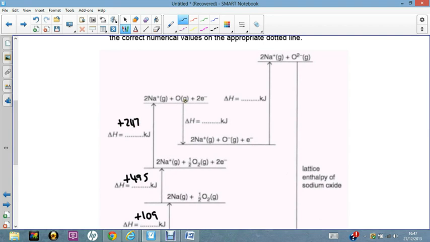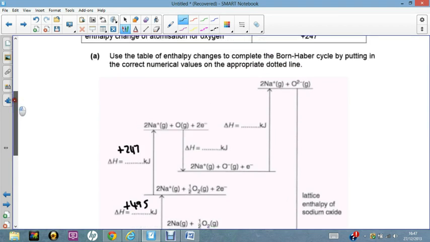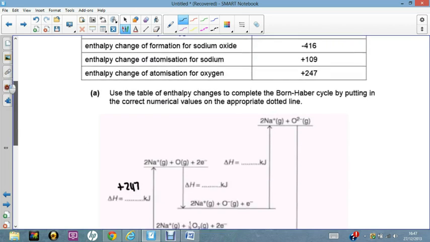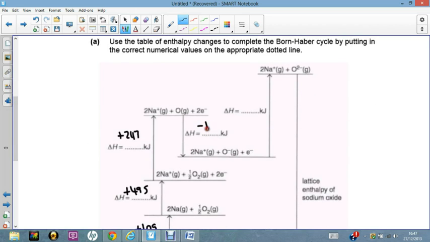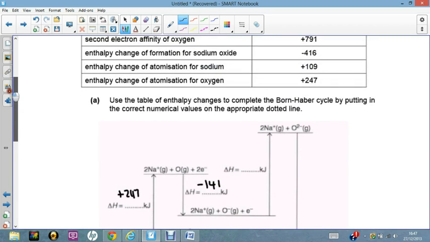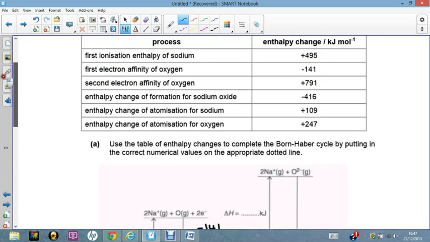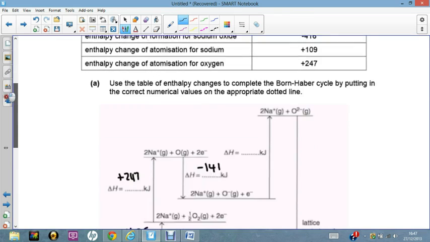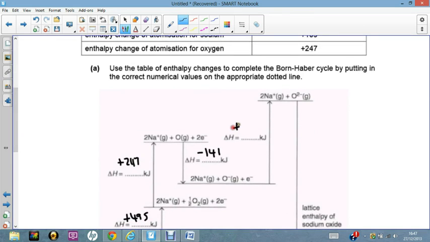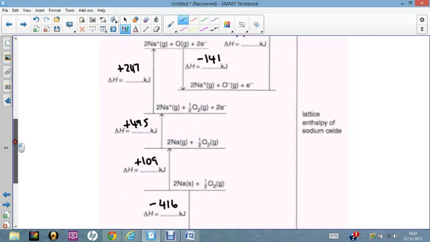Here we've got oxygen turning into O-, so that's the first electron affinity, which is minus 141. The next one, we've got the second electron affinity, which is plus 791. And that should be all of our numbers filled in.